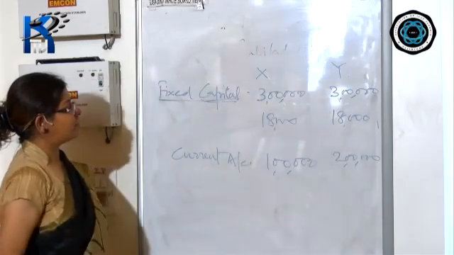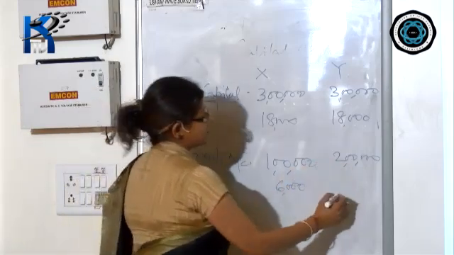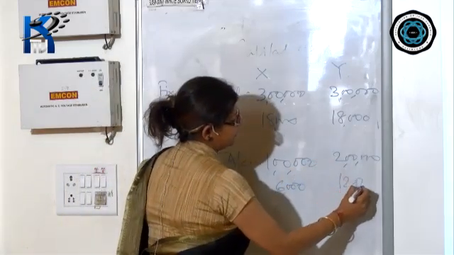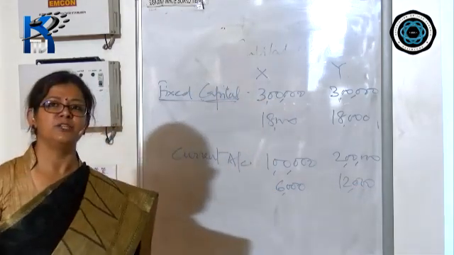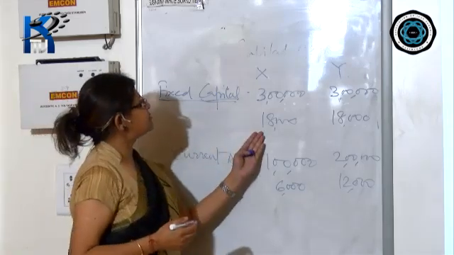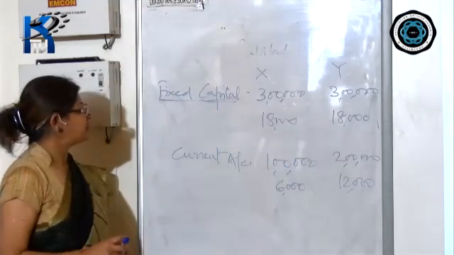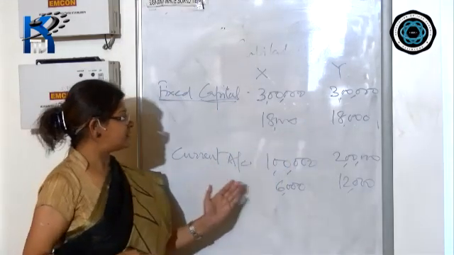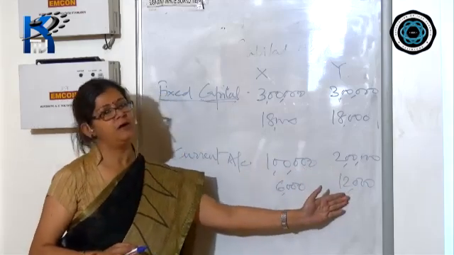And 6% of 1 lakh would be 6,000. And 6% of 2 lakhs would be 12,000. So what is the total amount of interest which the partners would get? The partners would get 18,000 each on their capital balances, and on their current balances, they will get 6,000 for X and 12,000 for Y.